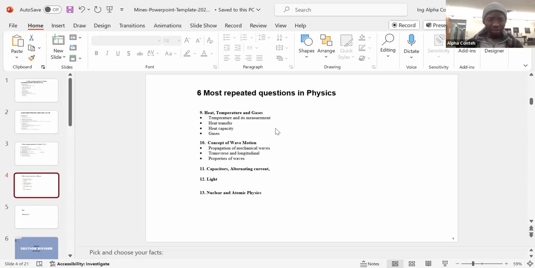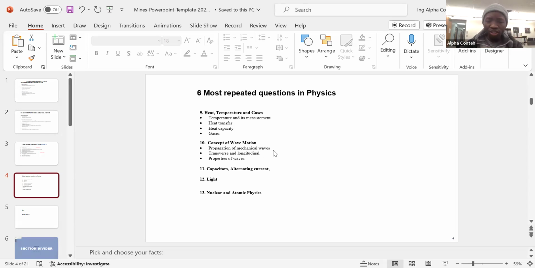Now, the next topic is concepts of wave motion. This is another frequent topic. If you go through the past questions, there will be no year where you do not see questions drawn under wave motion. Some of the things you should take into consideration will be propagation of mechanical waves.